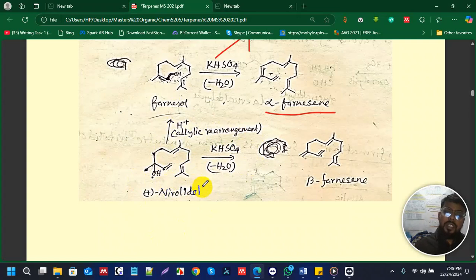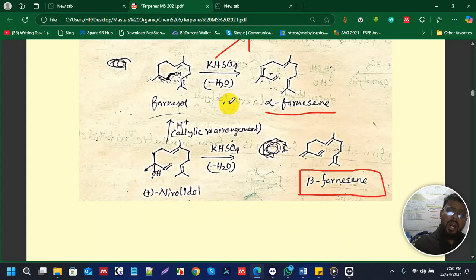beta farnesene. This one is called alpha farnesene, and this one is called beta farnesene. So when you would like to do a dehydration reaction with nerolidol in the presence of potassium hydrogen sulfate, we will find beta farnesene.